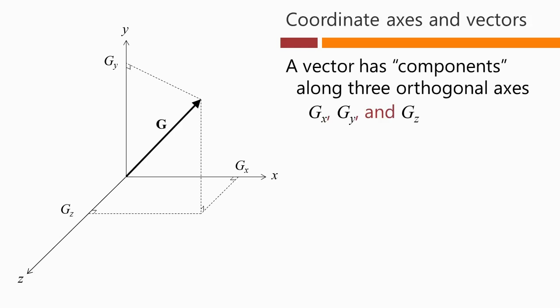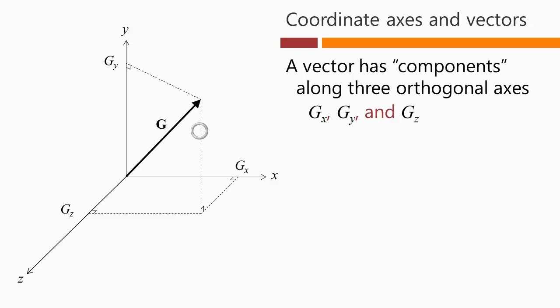Now, a vector has components in different directions. It's one way of expressing a vector. And if we use our Cartesian style of axes here, all at right angles, then we can talk about the components of the vector, gx, gy, and gz, which are the projections of the vector along these three directions.